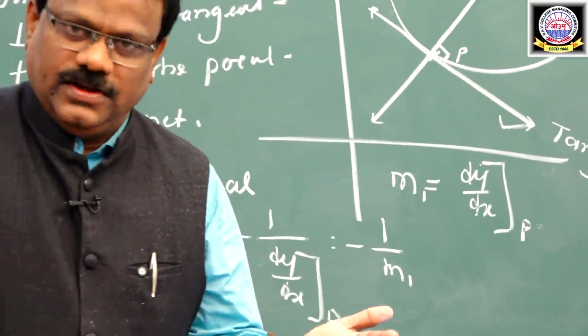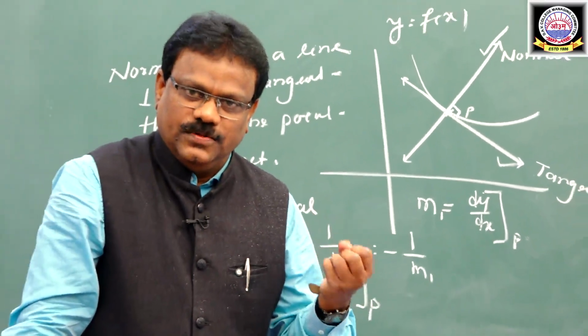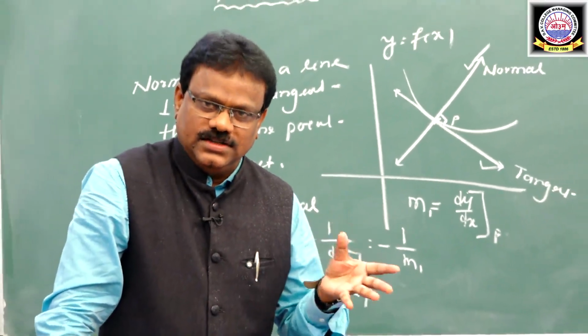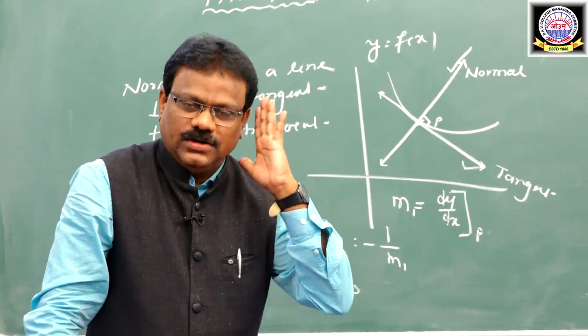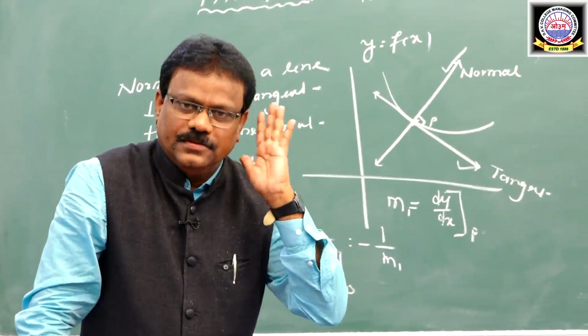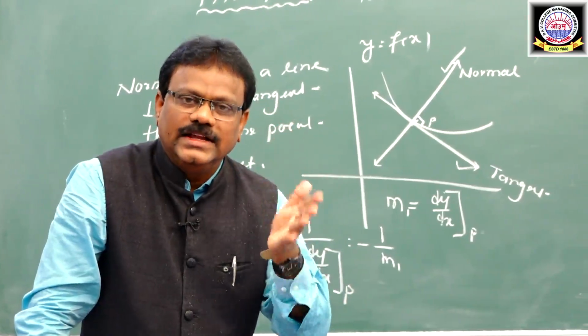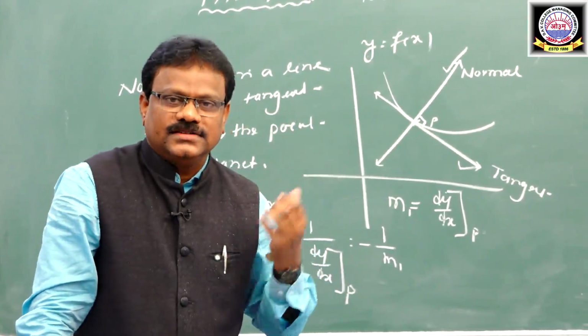So the slope of the tangent and the slope of the normal are already discussed. It is nothing but finding the derivative of the function at the indicated point.